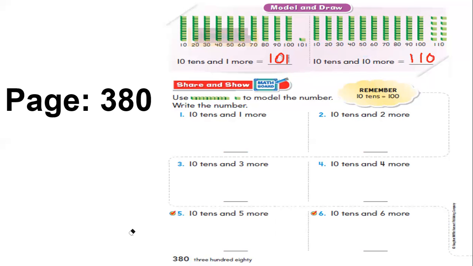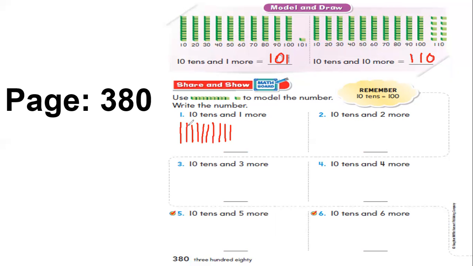Now, I have question number 1. Use the model or use the cubes to model the number. Write the number. I have 10 tens and 1 more. Look, it is the same as I have 10 tens and 1 more. So let me draw. I have 1, 2, 3, 4, 5, 6, 7, 8, 9, 10. 10 tens means it is 100.